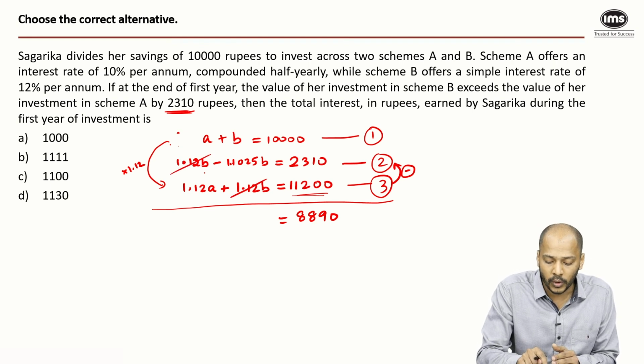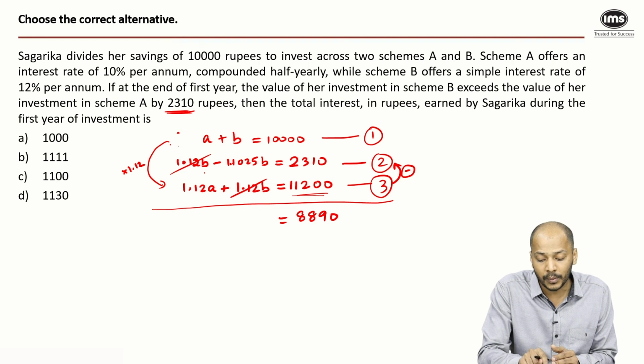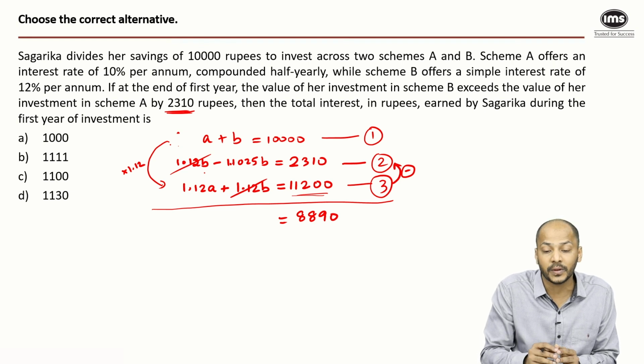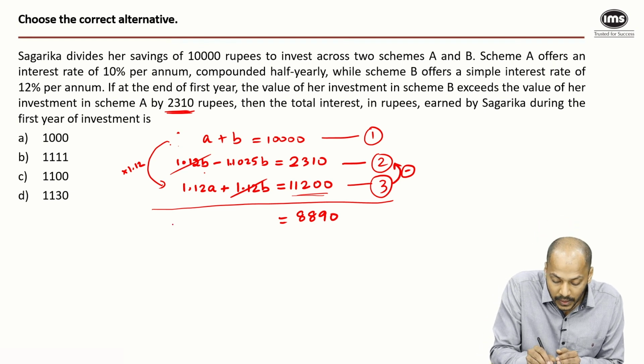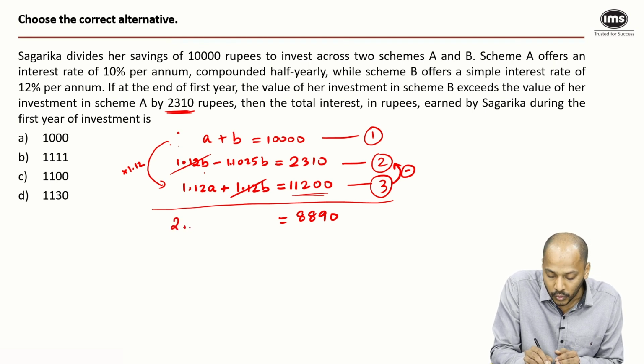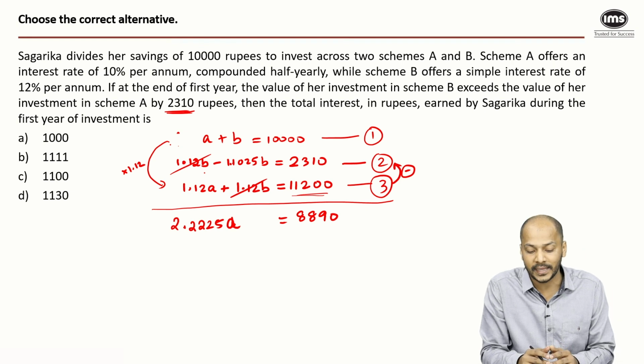From 1.12a, if I subtract negative 1.1025, the two numbers will get added. So that will become 1 plus 1, 2.12 and 1025. So 1200 plus 1025 will give me 2225a. And this is equal to 8890.